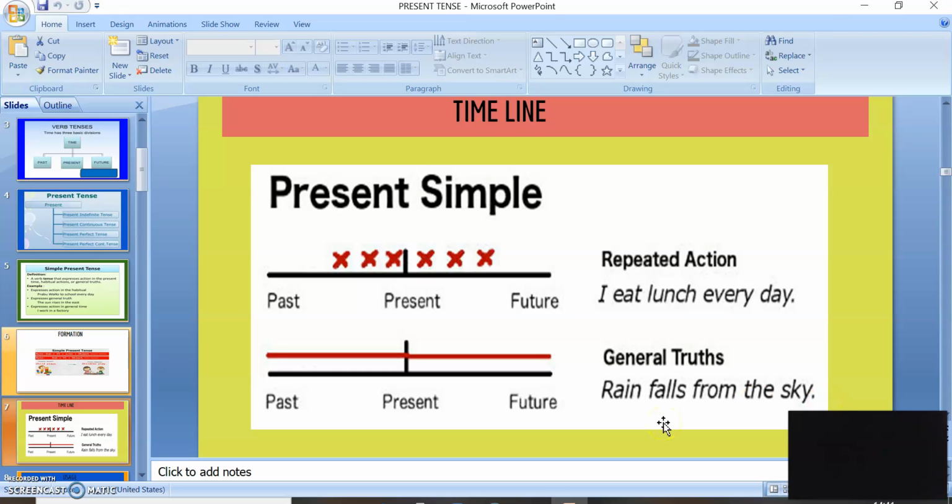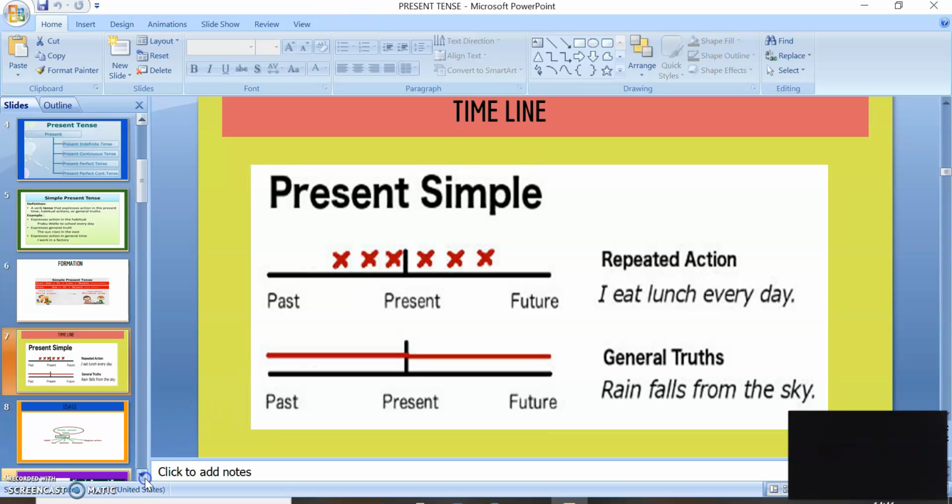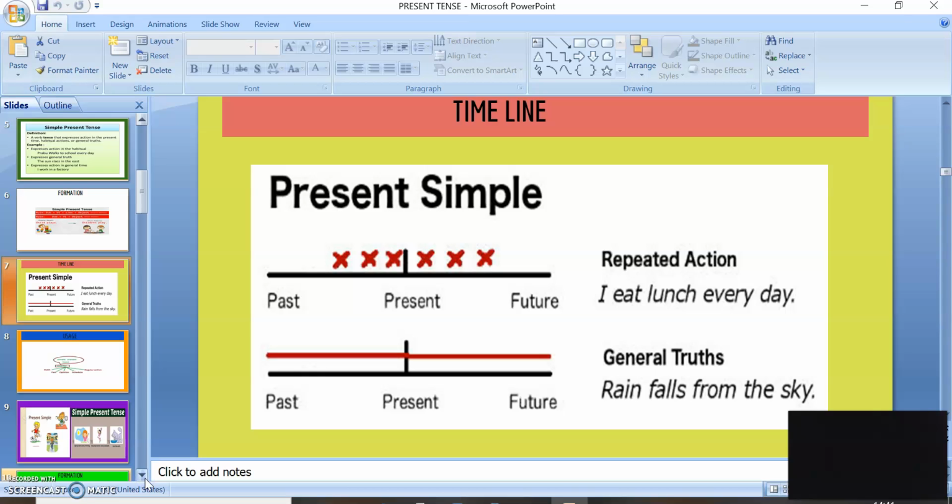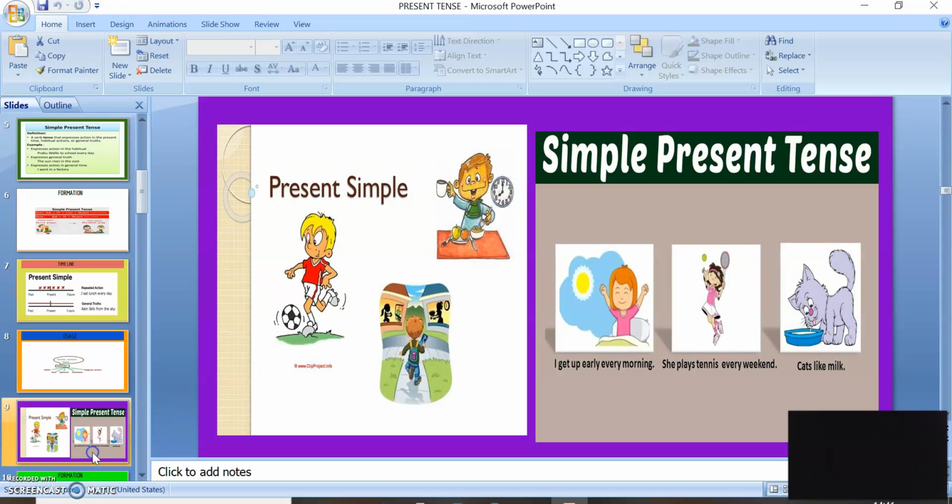I hope all of you have understood simple present tense. Moving on to the next one, just quickly look at these examples. Simple present. Just by looking at these pictures, you can make sentences of simple present tense, like the boy goes to school every day.